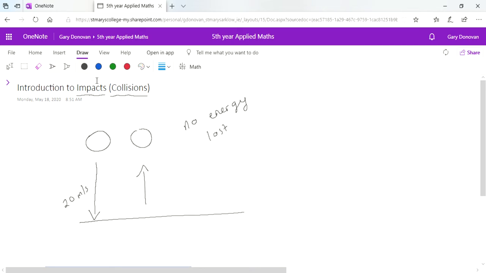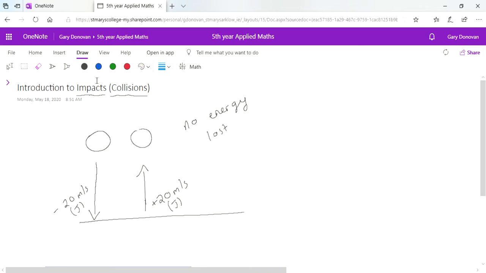So if it hits the ground at 20 meters per second, it implies that it bounces back up at 20 meters per second. Because the two speeds are in different directions, this is the minus direction and this is the plus direction. So this has a velocity of minus 20 meters per second in the j direction, and this has plus 20 meters per second in the j direction.